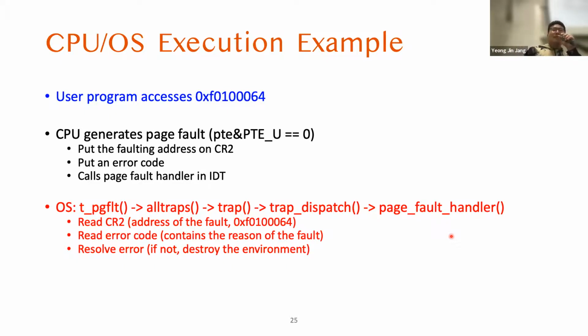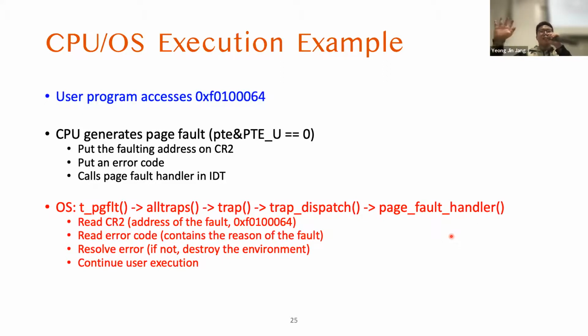And then as an operating system, we can take a look at the fault, then examine the reason, and if that is a recoverable case, then we can handle the fault and continue the execution. That's why it is called a page fault, but I have not yet described what kind of examples are recoverable and we can continue the execution.